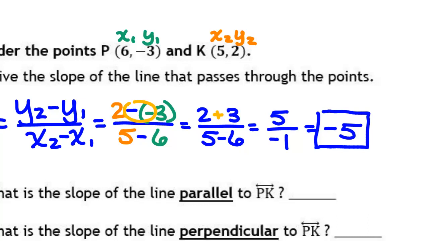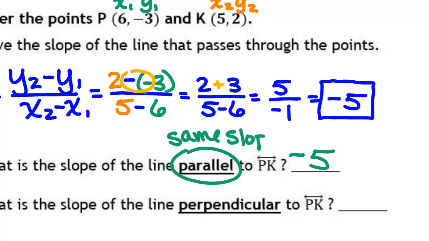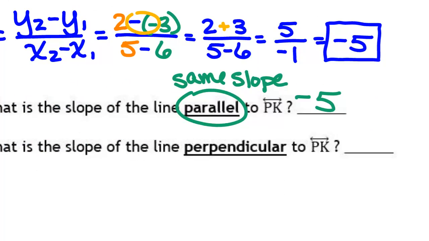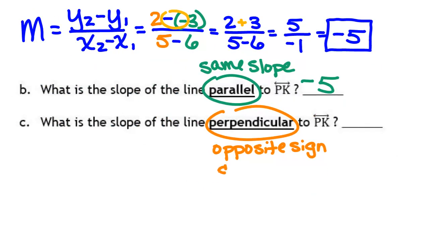What would be the slope of the line that is parallel to this one? Negative 5. Because we have the same slope. For my perpendicular, 1 over 5, yes. Opposite sign. So it goes from being a negative to be a positive.